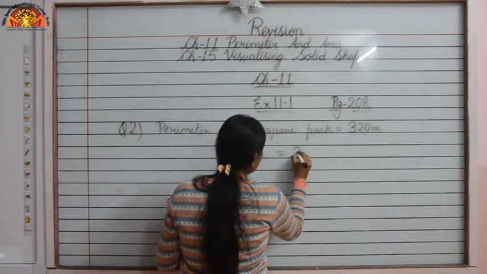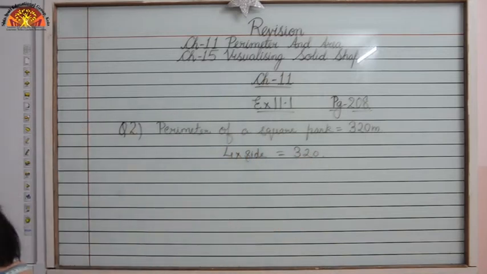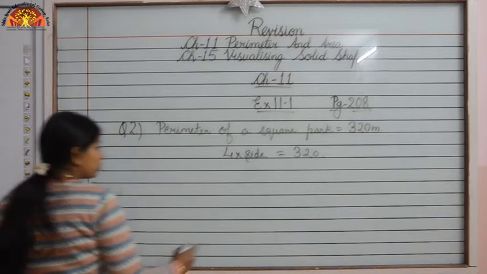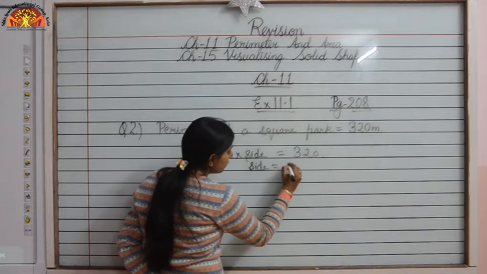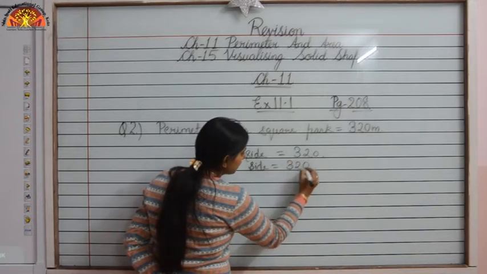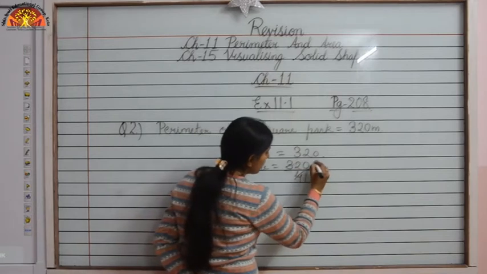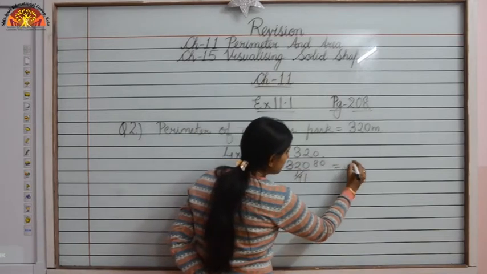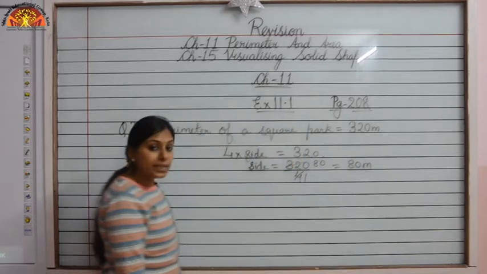So 4 into side is equal to 320. So we can find the side, that is side is equal to 320 upon 4. Okay, so 4 ones are 4, 4 eights are 32, 0. That means the side of a square is equal to 80 meters.